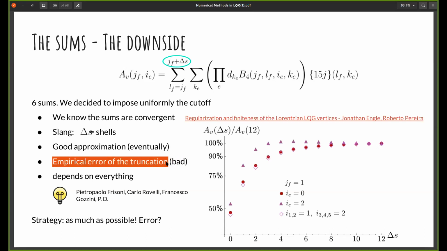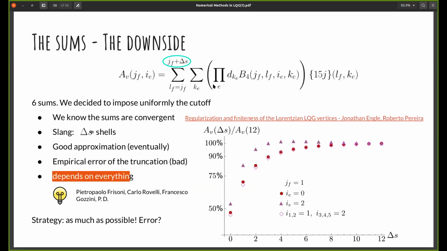The only way we know how to estimate this error is empirically, by just looking at the amplitude and looking at how much it changes if we add one more shell. The problem is that the convergence of these sums looks like it depends on everything, and trying to devise a way to control this error before doing the computation is work in progress, and we don't know how to do it.